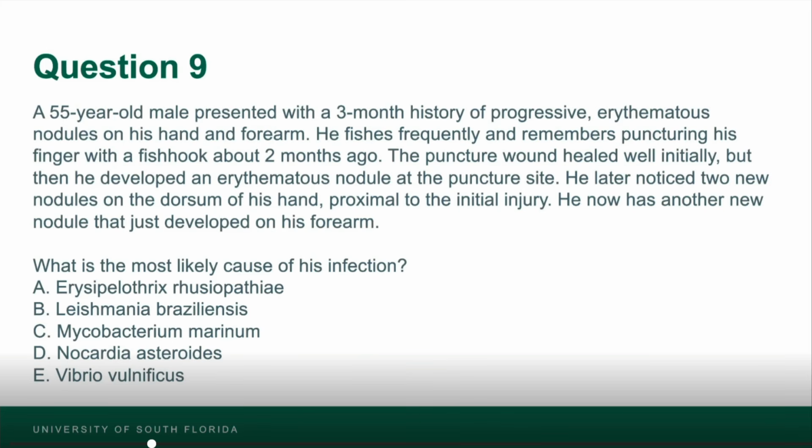The puncture wound healed initially, then he developed an erythematous nodule at the puncture site. He later noticed 2 new nodules on the dorsum of his hand proximal to the initial injury. He now has another new nodule that just developed on his forearm. What's the most likely cause of this infection?